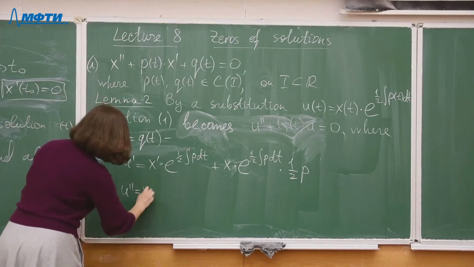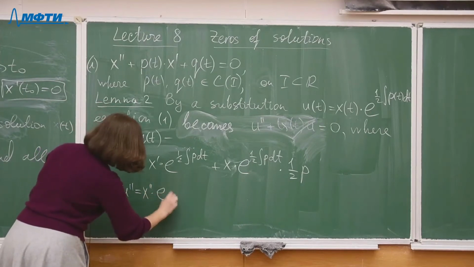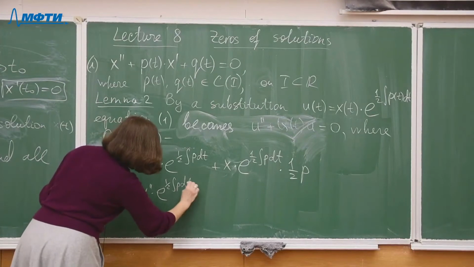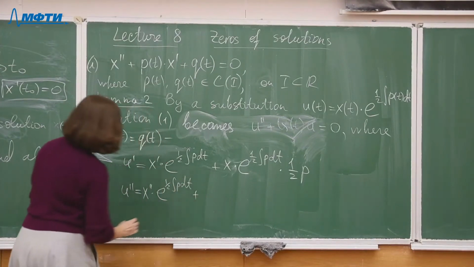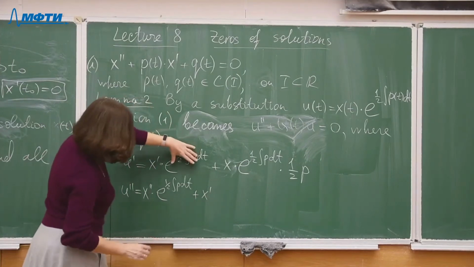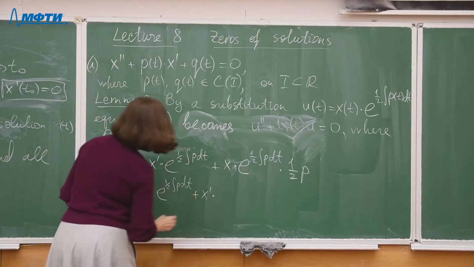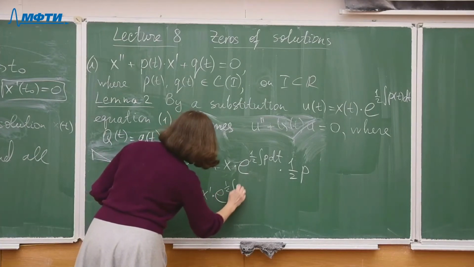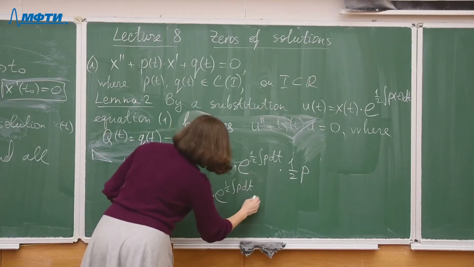The second one, u double prime, will be differentiate this. It will be x double prime times e to the power 1/2 the integral p dt, plus the derivative of the second factor, which is e to the power 1/2 the integral p dt times 1/2 p.